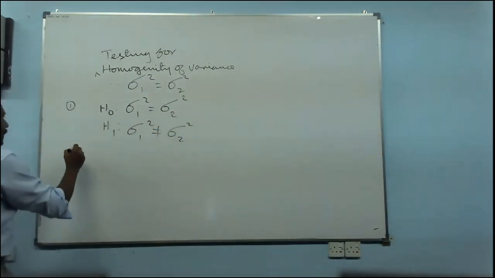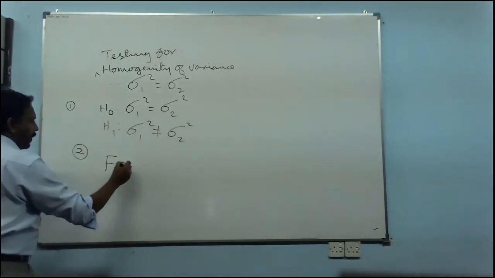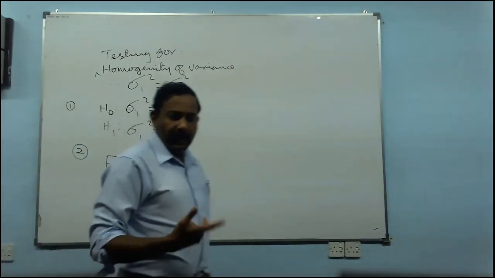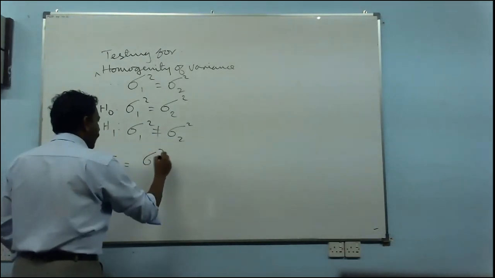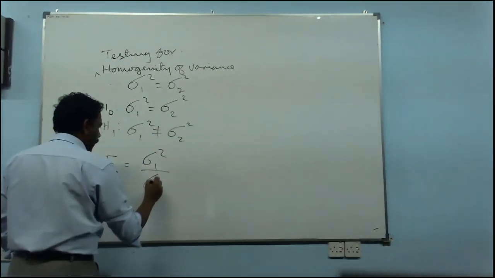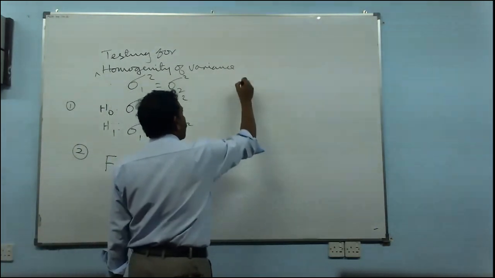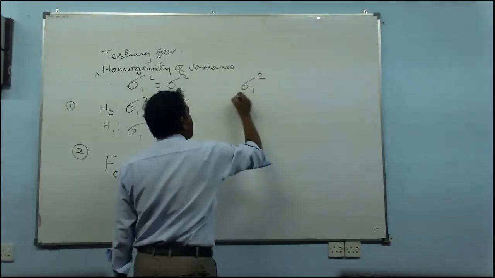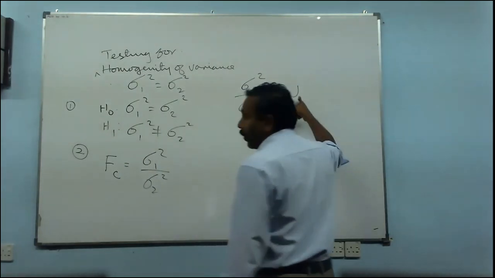The test statistic here is the F test. FC, the F calculated value, is the ratio between sigma 1 square and sigma 2 square, the one we are going to test. This ratio is not distributed normally here.